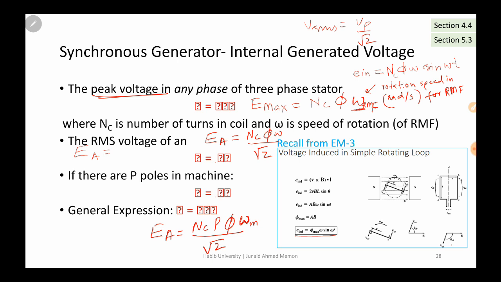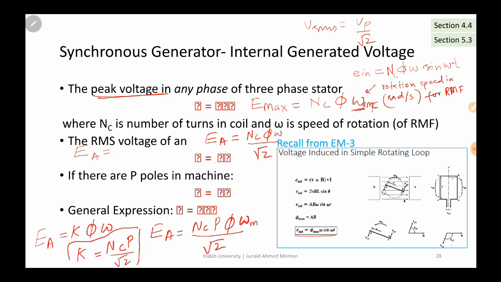As we also generalized the expression in our course earlier, it doesn't matter what type of machine you are working on, the internal generated voltage will be K phi omega. This expression will be true, but in this case K is equal to NCP divided by under root 2.